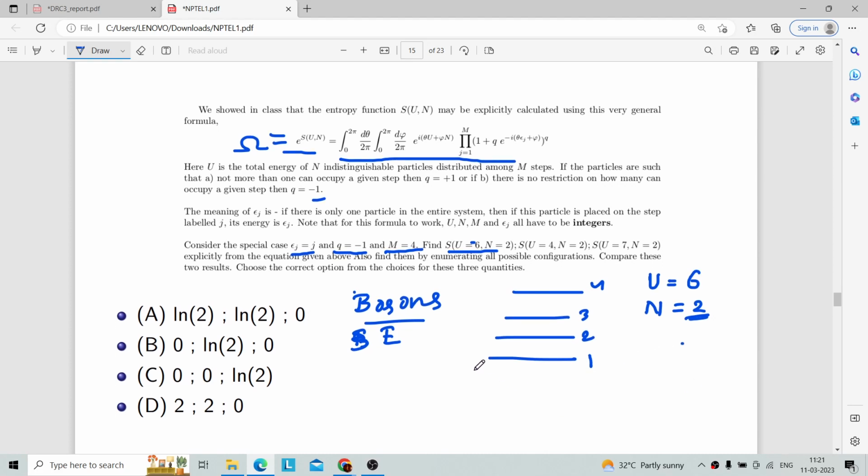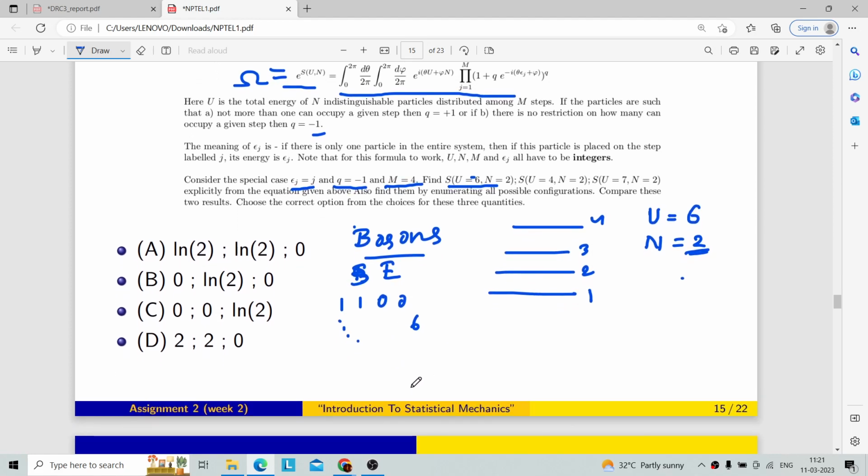I am telling you the method: you can arrange one particle in each state. You will get 6 configurations, and you can put 2 particles in a single state also, then you will get 4 configurations. If they are indistinguishable, this is it. But if they are distinguishable, you can arrange between these 2, then you will get 2 configurations for this, 2 for this, and something similar like this.